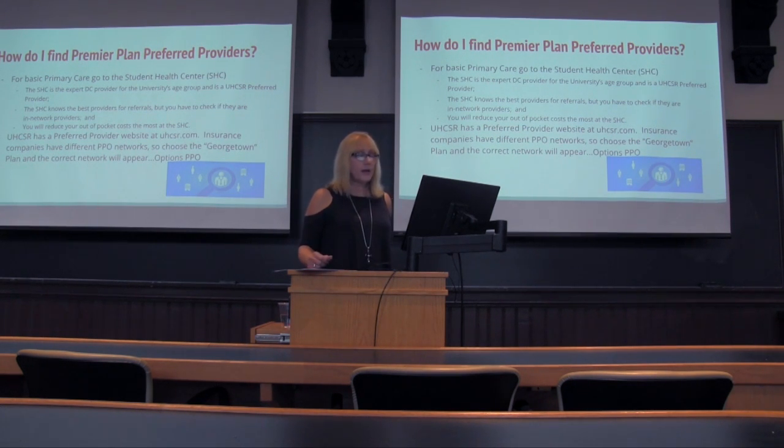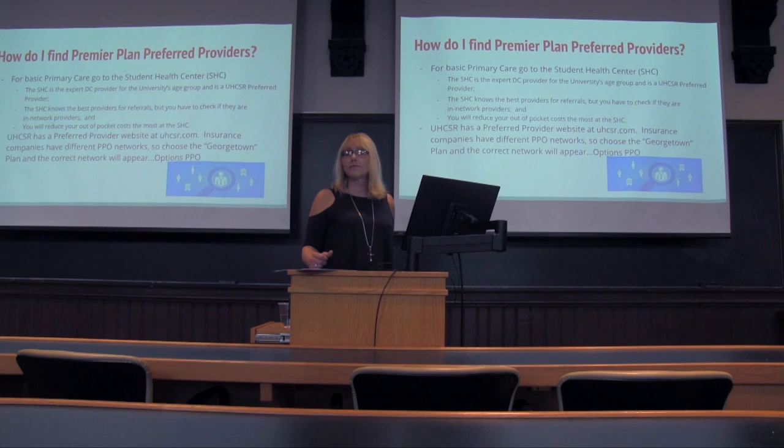And the other thing to be careful about is when you have an insurance plan or an insurance company, they have several PPO networks. United has a couple of different options, and one PPO network is larger than the other. And that's probably because they're paying a little bit more to the doctors. The doctors then join the other network.